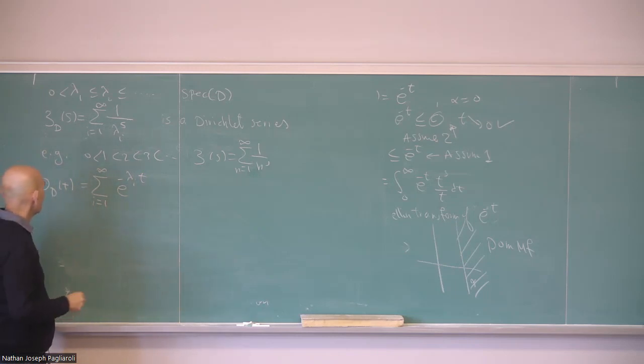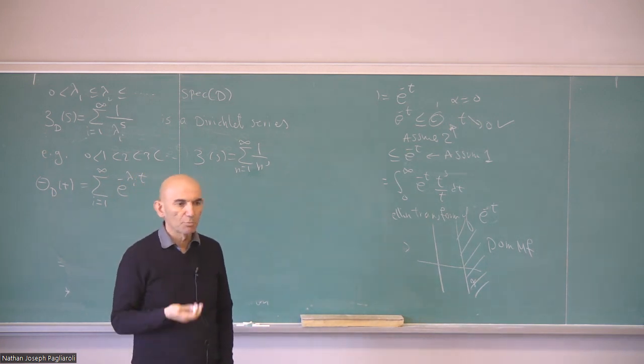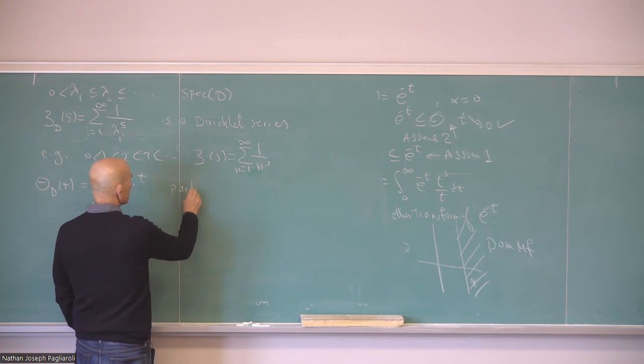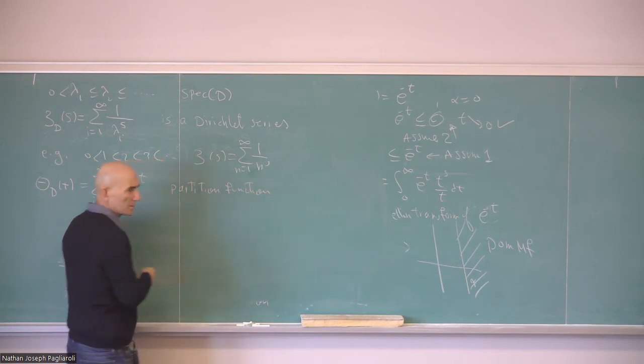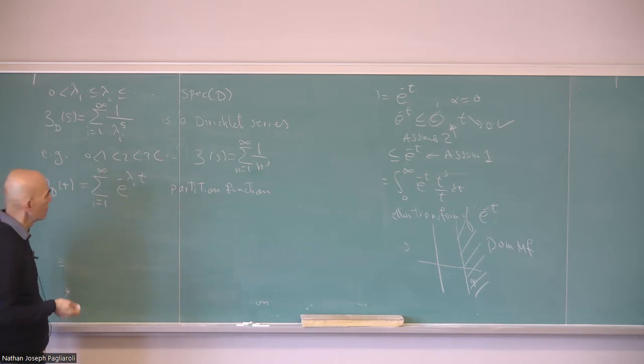So in geometry and physics, this is called the partition function, basically. I mean, again, this is a name, and it doesn't matter much why it's called the partition function or why it is the generalized theta function.